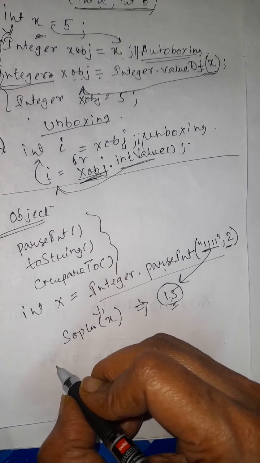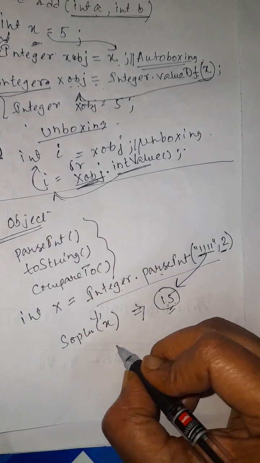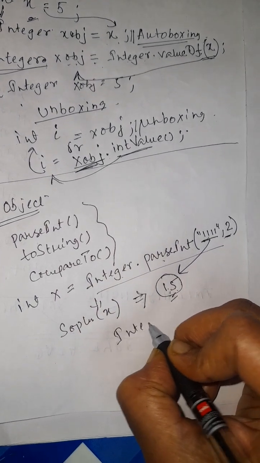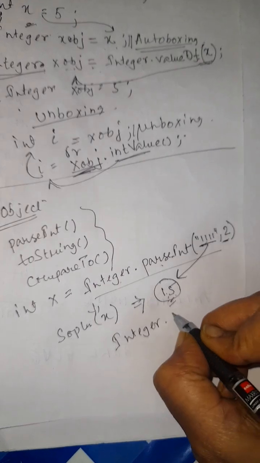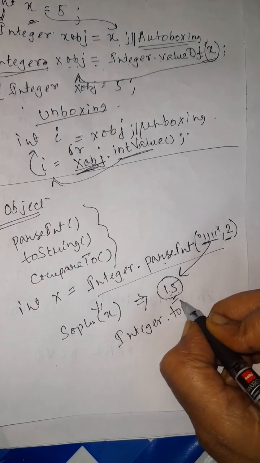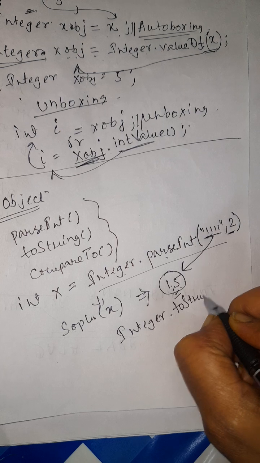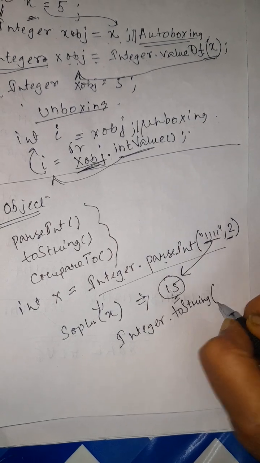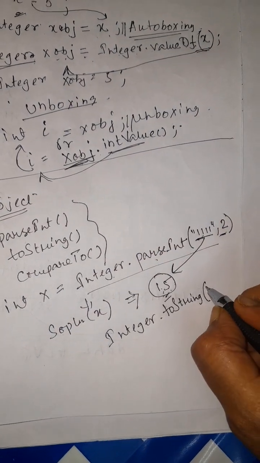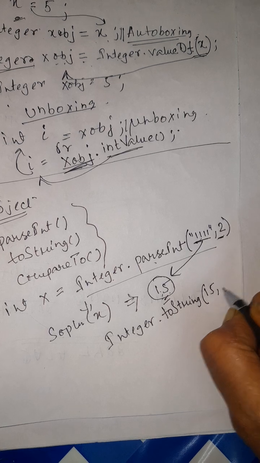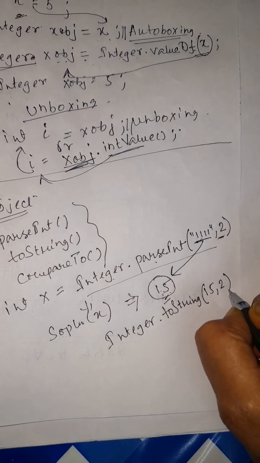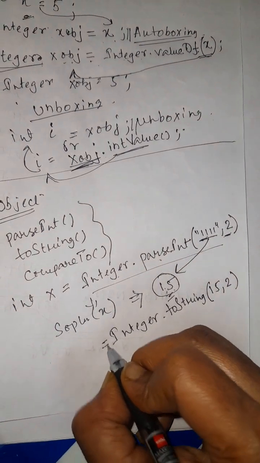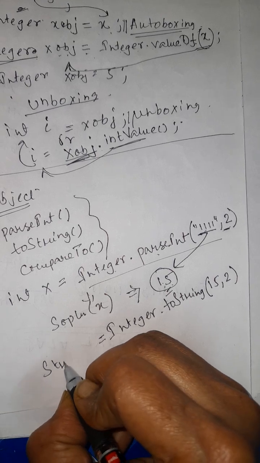Opposite, maybe, if you want to convert your integer using Integer dot toString, it will convert it into a string, maybe 15 comma radix 2. You convert it into a string type of variable.